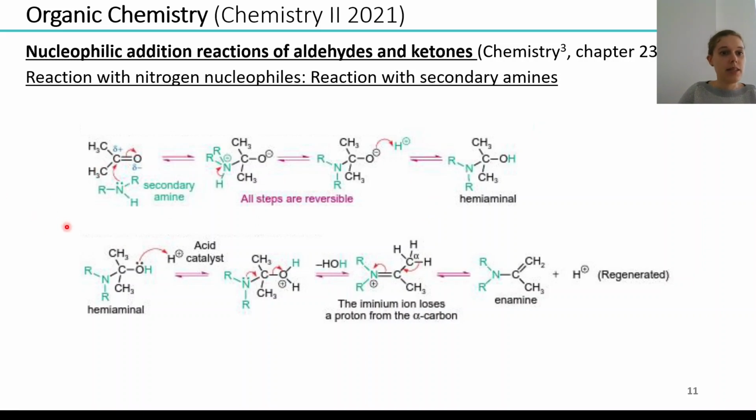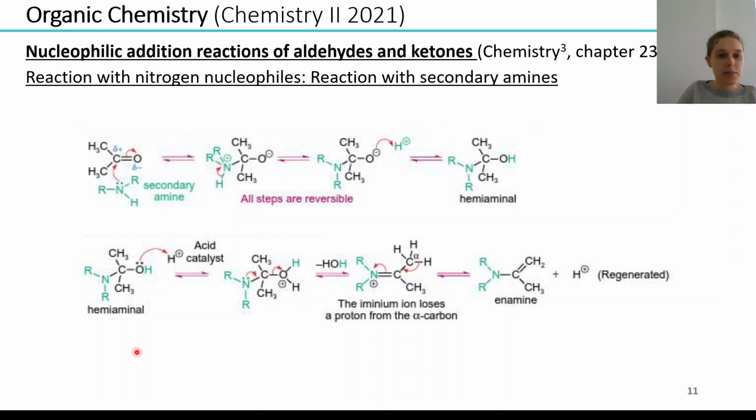We can see here that again we start with the attack of the electrons of the lone pair of nitrogen to the partially positively charged carbon of the carbonyl group. Then we form an intermediate which contains both a positive and a negative charge. Then a proton transfer from nitrogen to oxygen is conducted, and we end up with a hemiaminal.